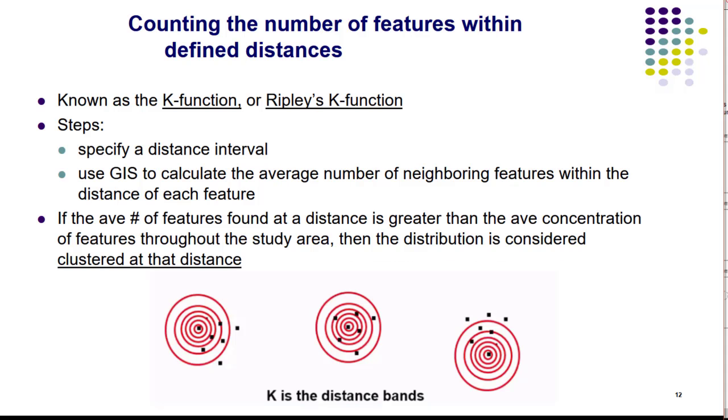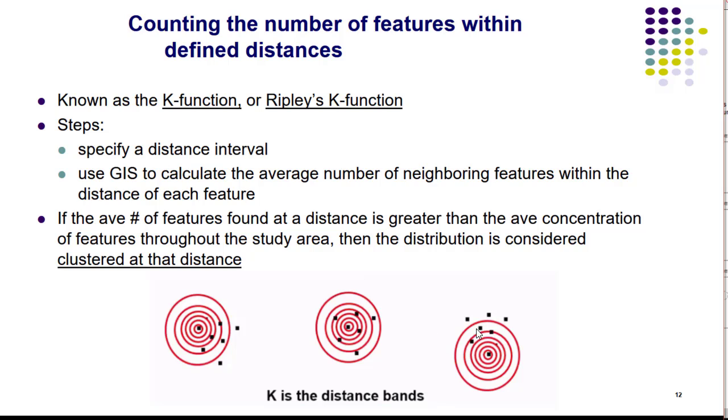I like this graphic because I think it does a pretty good job explaining what's going on with these distance bands. So this might be a little tricky to see, but these points are representative of the same type of pattern. And these circles that you see are distance bands that are moving to each of the individual points in this display.